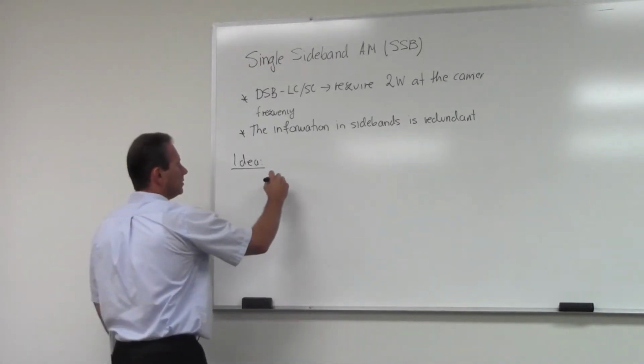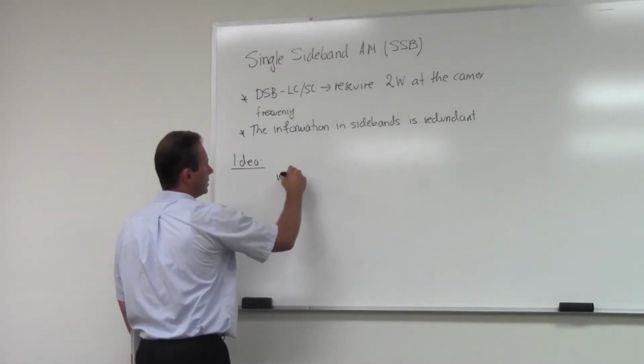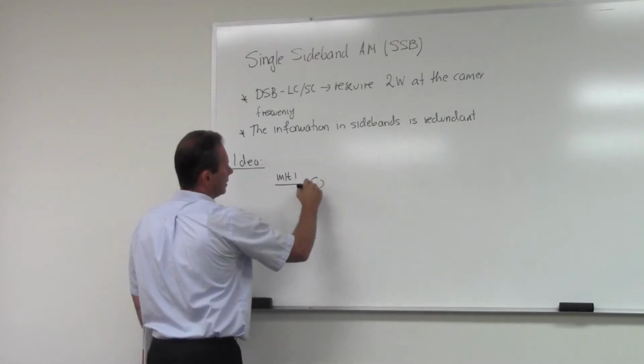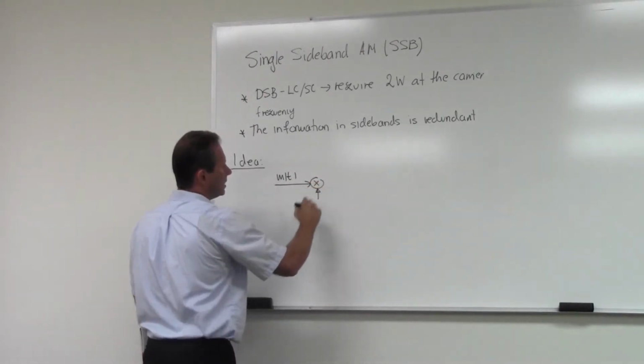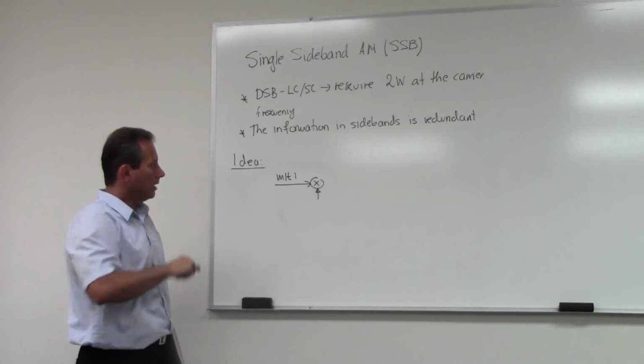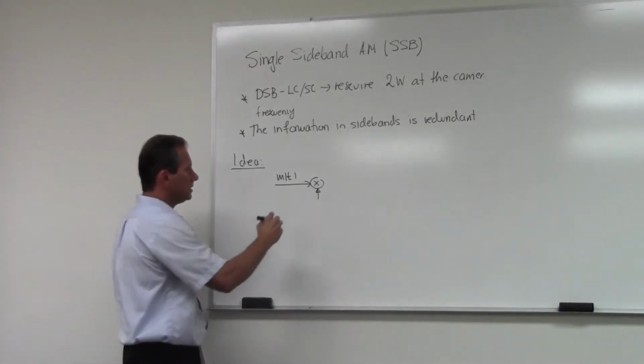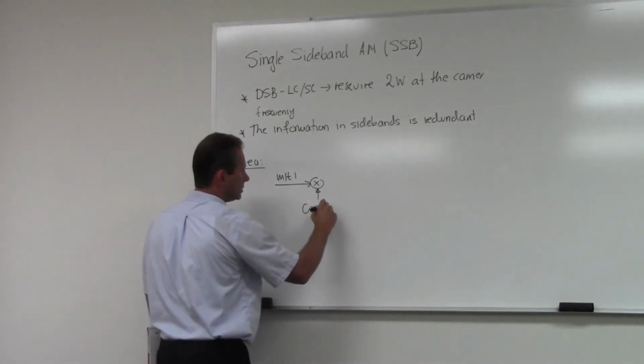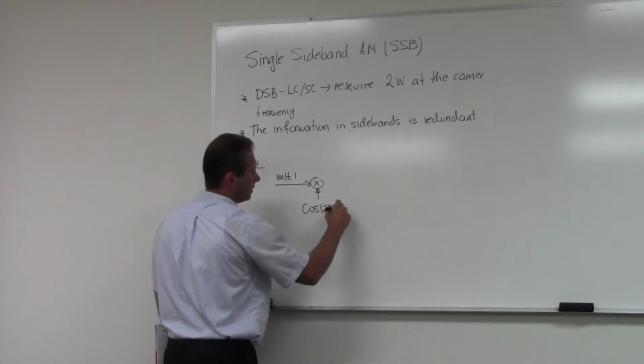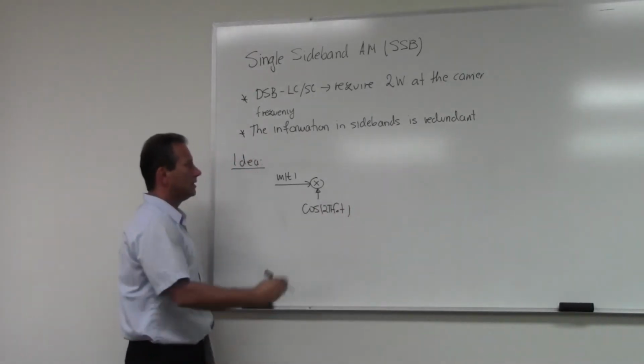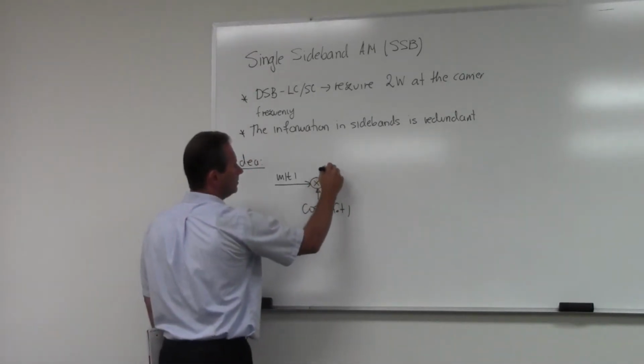So what is it that I'm trying to achieve? Well, I have my modulation signal, m of t, and following the same approach I had for double sideband signals, I'm going to use the signal to modulate my carrier. So this will give me a double sideband signal, z of t.